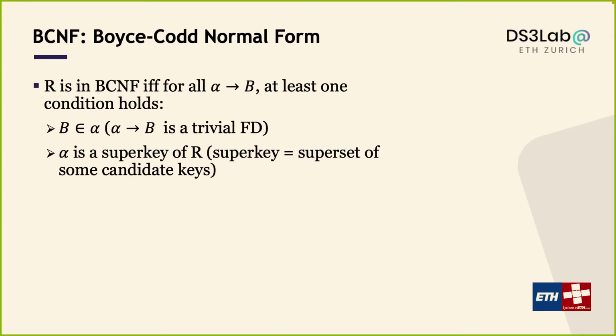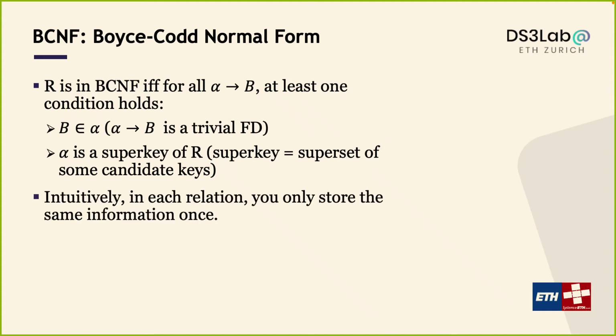As you can see, we get rid of the second condition in third normal form. We have an even stronger type of normal form, which pretty much says you cannot have any non-trivial functional dependencies unless the left-hand side is a superkey. If something is in BCNF, it means that for all the functional dependencies you have in this application, either it's trivial or the left-hand side is a superkey.